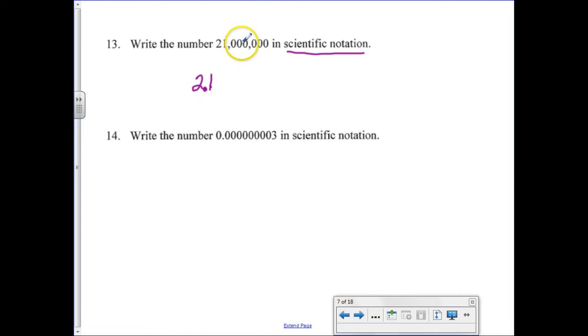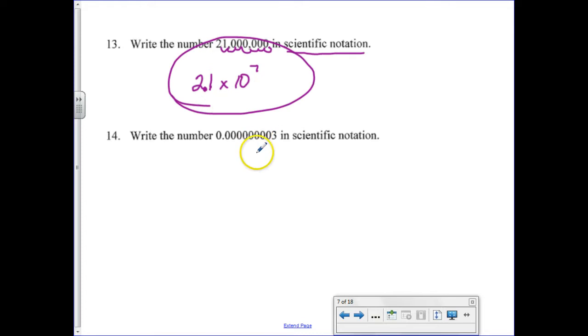I'm including the 1, but I'm not going to write all those zeros. I'm going to account for where my decimal point really is by counting how many places I have to move my decimal point. In this case, and go ahead and draw on here to count, 1, 2, 3, 4, 5, 6, looks like 7 places. 2.1 times 10 to the 7th power.